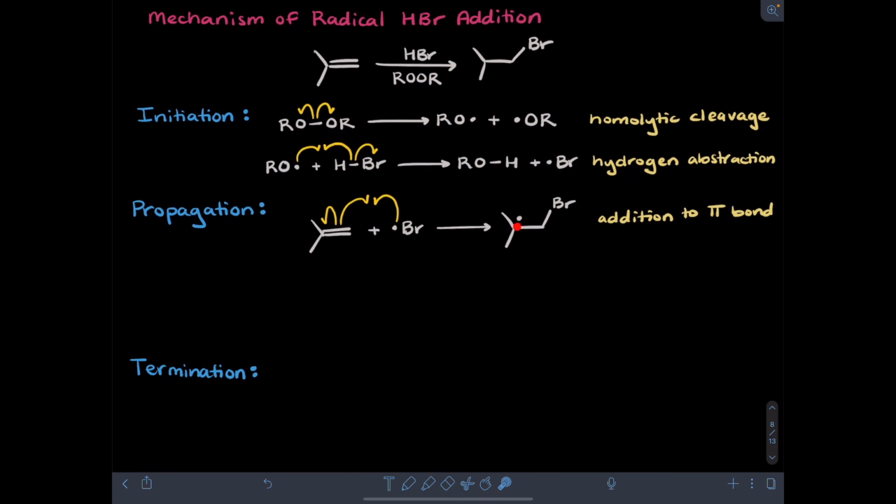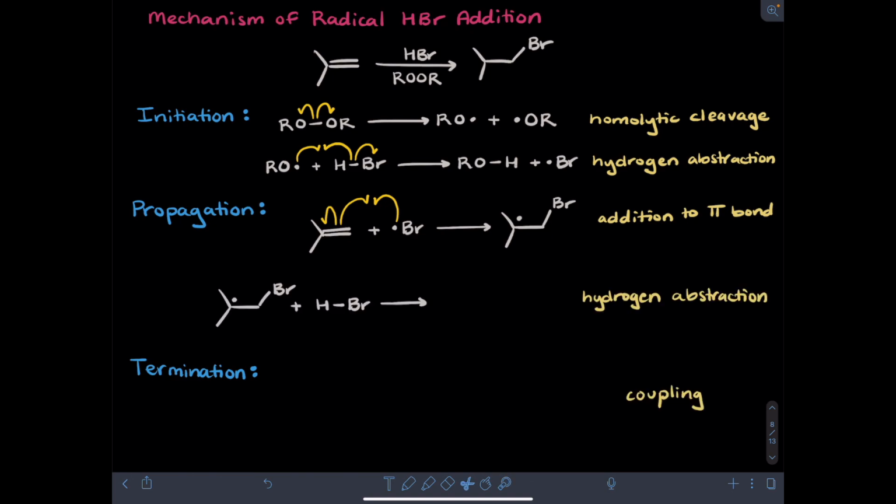In the second propagation step, a hydrogen abstraction occurs between the carbon radical reacting with another equivalent of HBr. I would bring the carbon radical and one electron from the HBr bond together, bring the other electron to bromine.